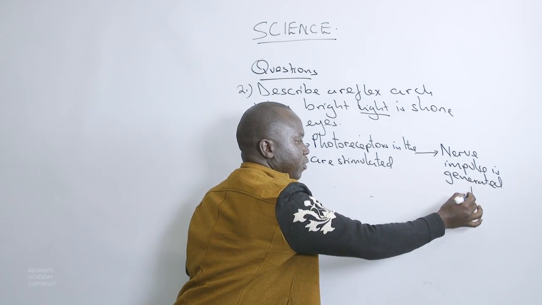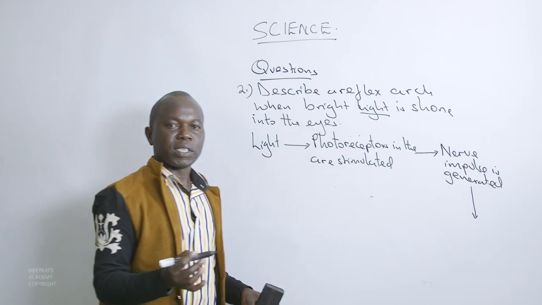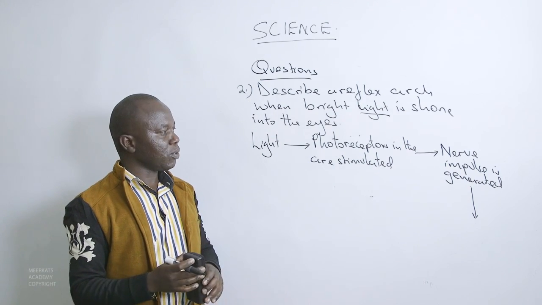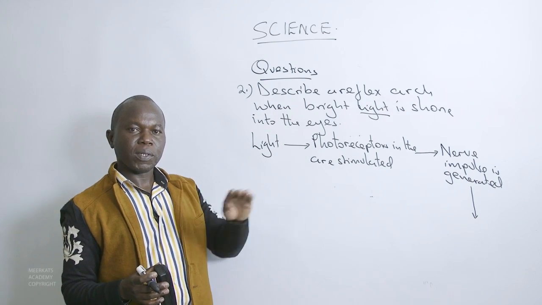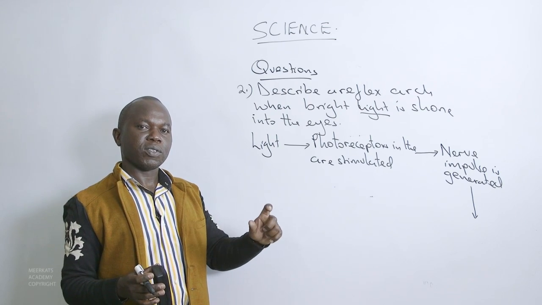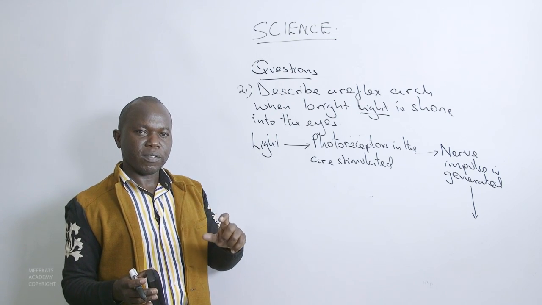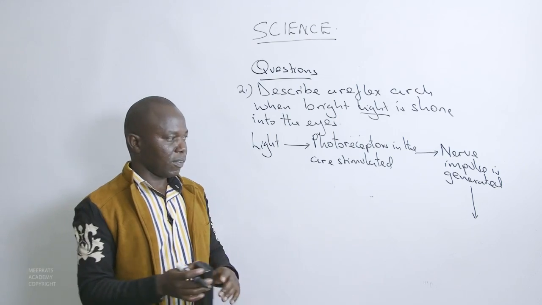When a nerve impulse is formed, it will flow through a sensory neuron. When you look at the structure of the eye, we mentioned that nerve was called the optic nerve.